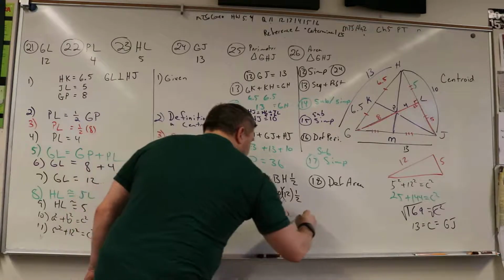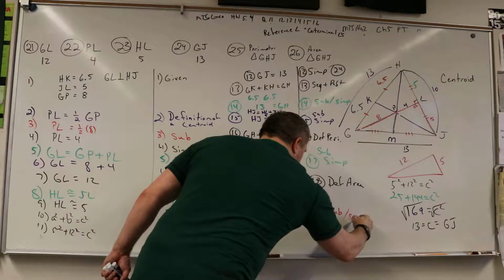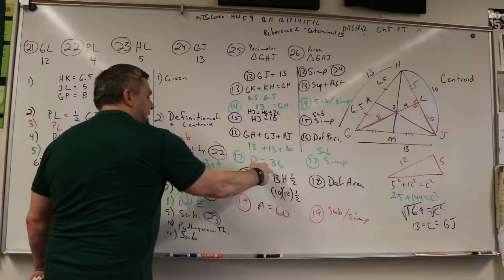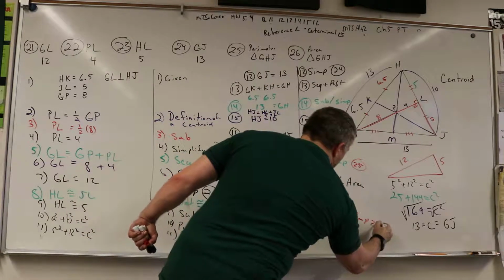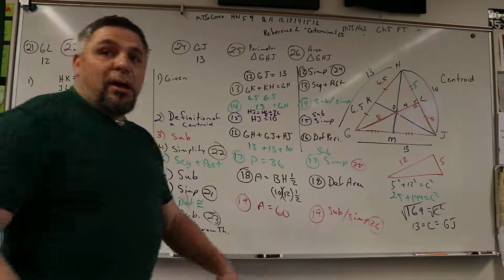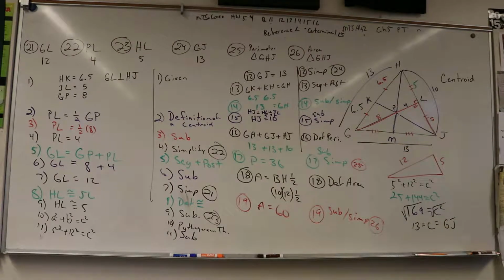So 19 is substitution and a little bit of simplification. And we know 2 things. One, the answer here is for 25. And this is for 26. That was a long one, yeah? But remember, we did a 2-column proof for 6 problems. It's pretty intense.